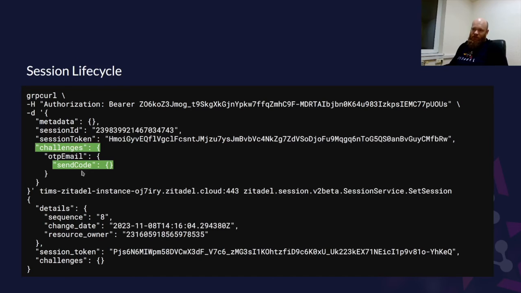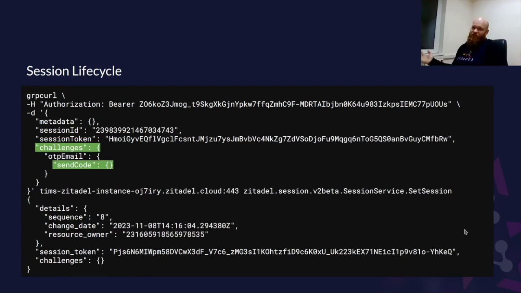There are more options here, like we can even return the code to the calling API, to the API client, where the API client can send the email themselves. But in this case, we are asking ZITADEL to send the email for us with send code. Again, standard response, updated session token.